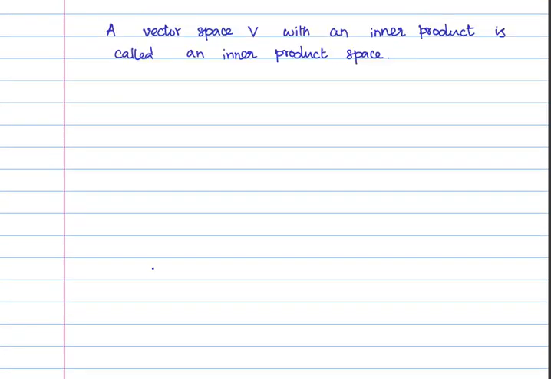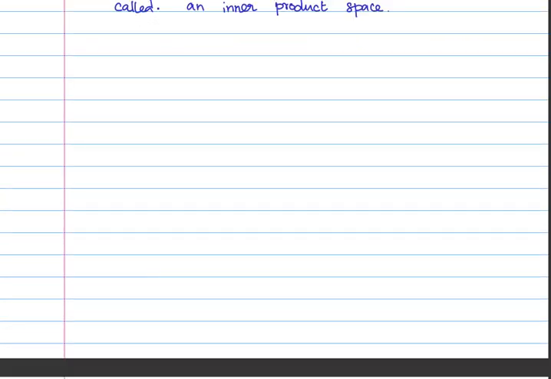Now we see a few examples. First we start with R^n. Suppose my vector space V equals R^n. I define u and v as vectors in V, that is in R^n.